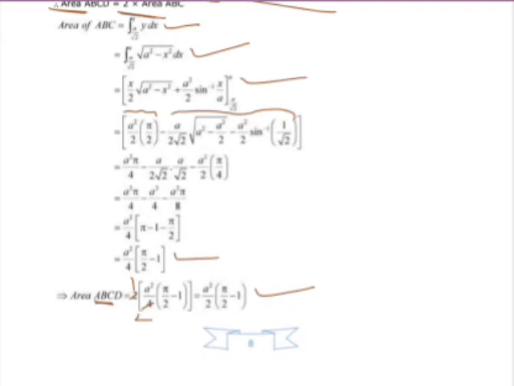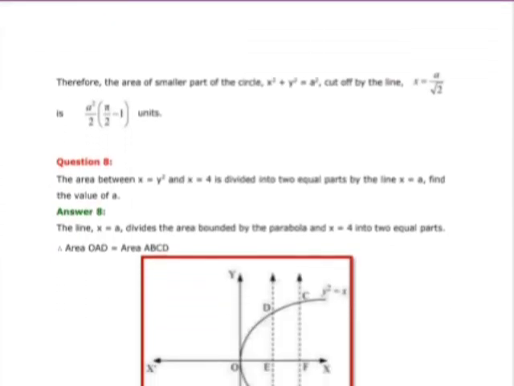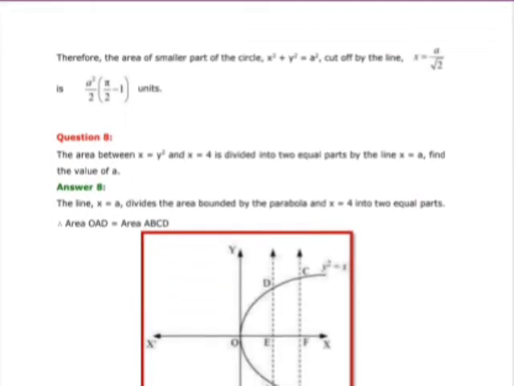So it is basic calculation, simple integration and simplification. Once you find the graph, it is quite easy. Therefore the area of the smaller part of the circle x square plus y square equals a square, cut off by the line x equals a by root 2, is a square by 2 into pi by 2 minus 1 units, right?